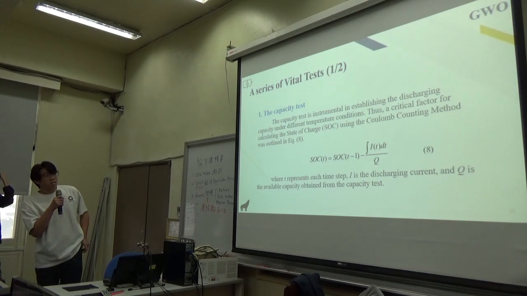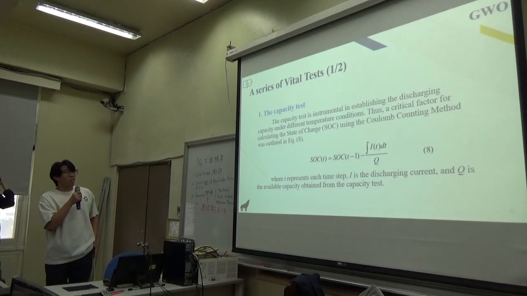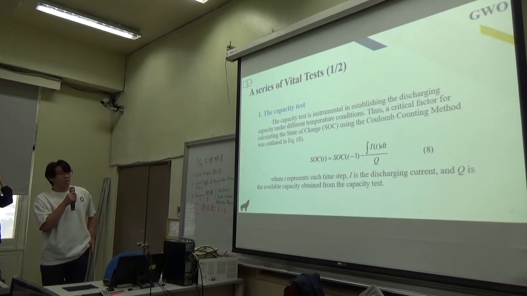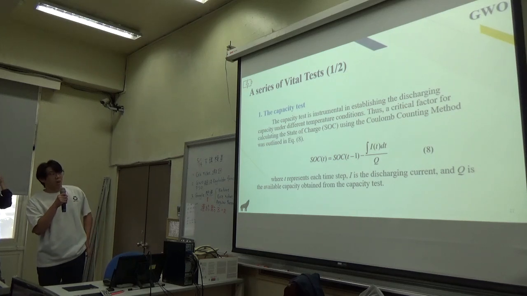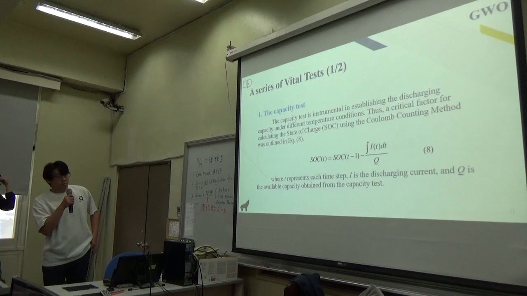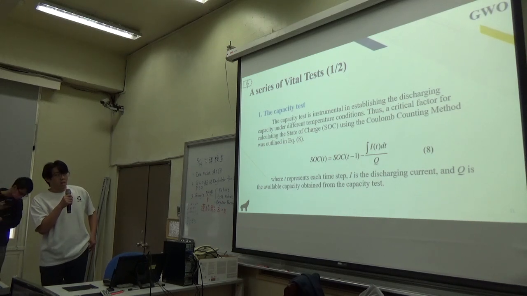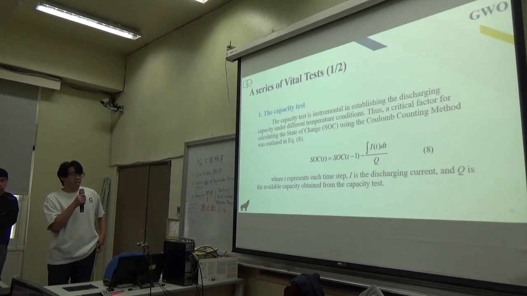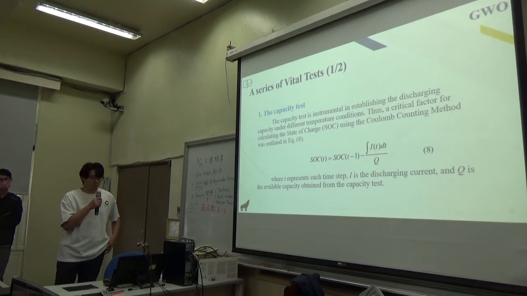The state of charge SOC, using the Coulomb-counting method, was outlined in equation 8, where t represents each time step, I is the discharging current, and Q is the available capacity obtained from the capacity test.